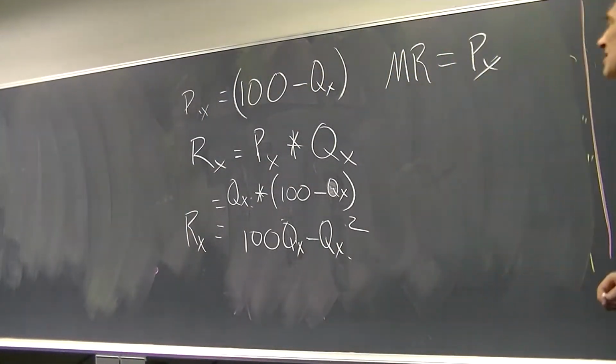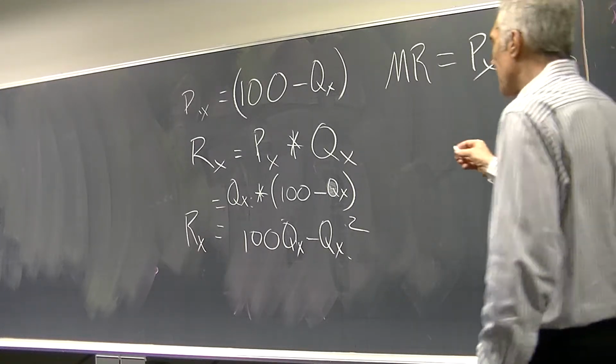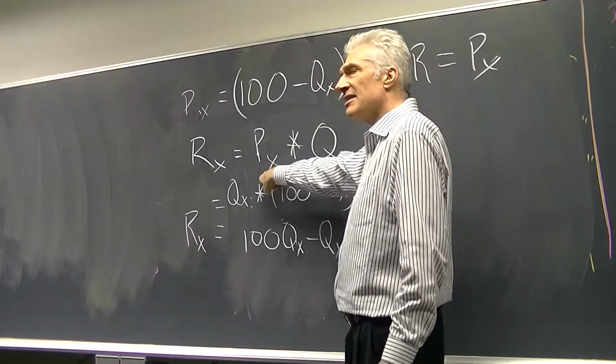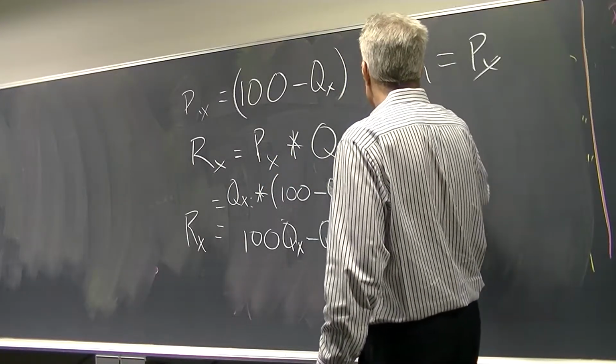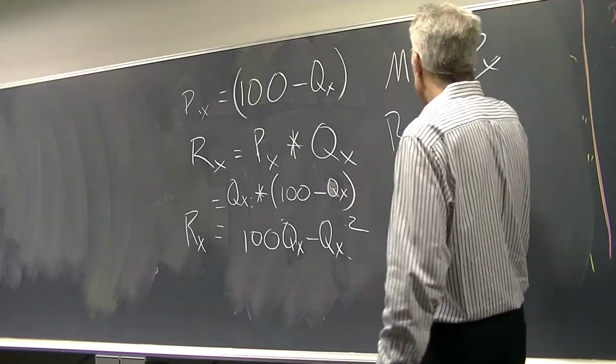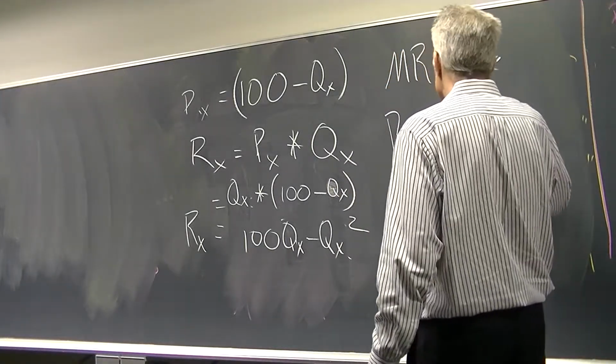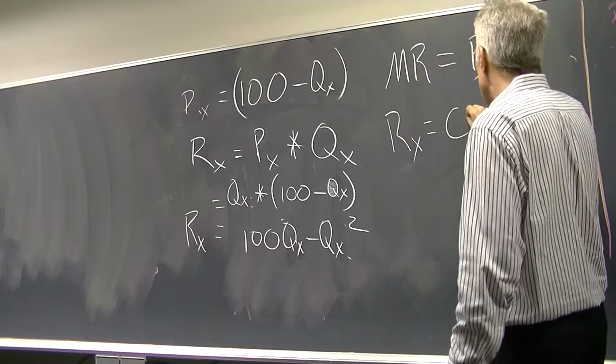the only thing you can vary is the output. Then your marginal revenue is simply the price. Since the price is fixed, that's a constant, right? What I should have done was say my revenue is some constant times QX.